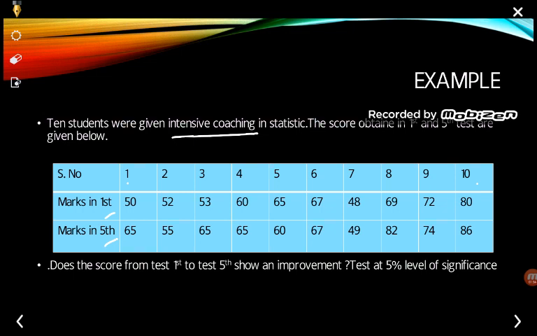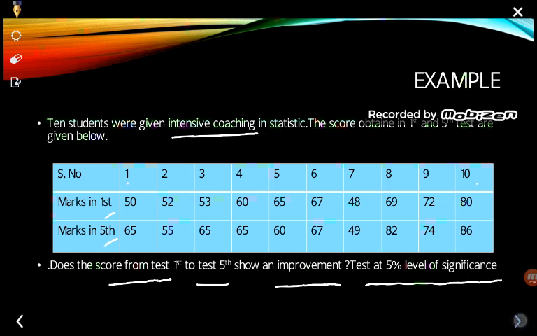What you are asked is: does the score from test first to test fifth show an improvement at 5% level of significance? So the question asked is whether there is any kind of improvement from the first test to the fifth test. That is what we have to check.